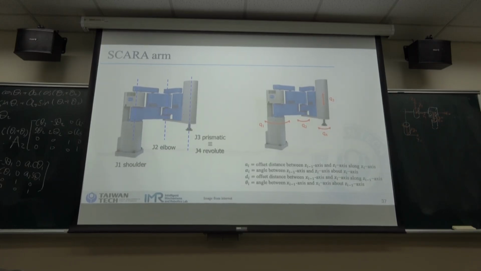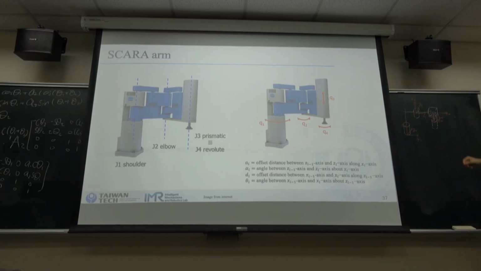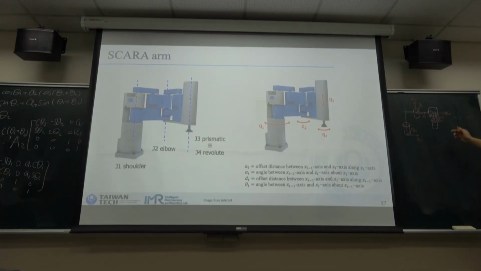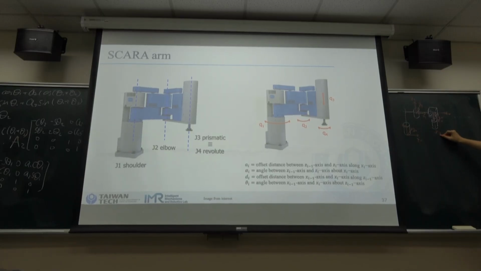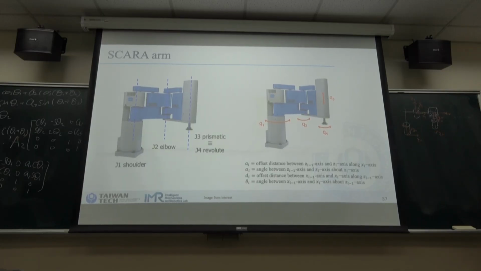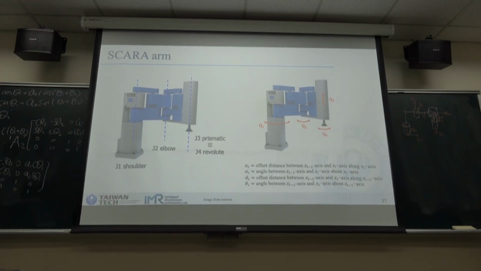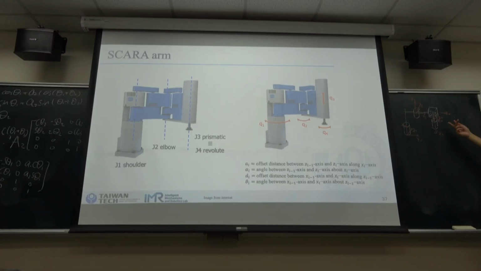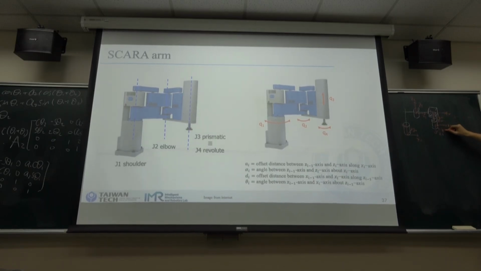And the fourth one, the joint is here, so it's z3. And then we can check that we have x3 over here and y3 is the same.